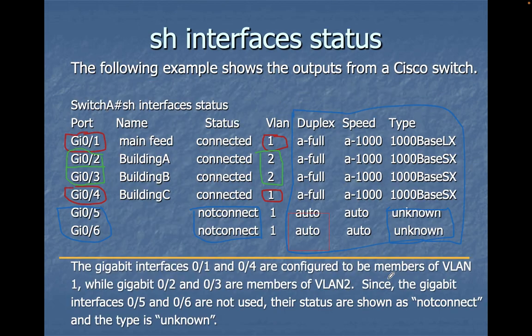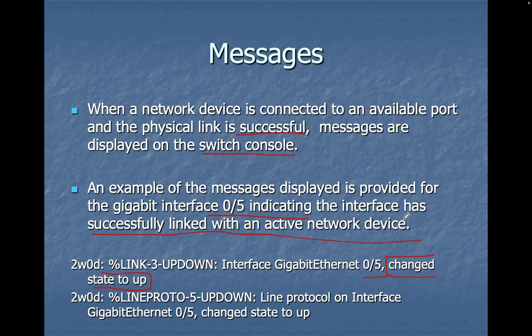Remember, previously it was not connected, and the fiber mode was unknown. So now, when we run a command to connect it, the status changes to up. This shows that it's connected now, it's running and it's connected.